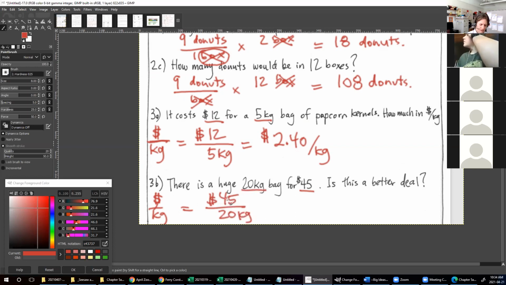So I'm just going to do it in my calculator, 45 divided by 20. $2.25 per kilogram. And this is where, as a conscientious shopper, you can say, okay, it's a little bit less money, but do I really need 20 kilograms of popcorn? Maybe you do. I don't know. If you have chickens, they'd be really happy.